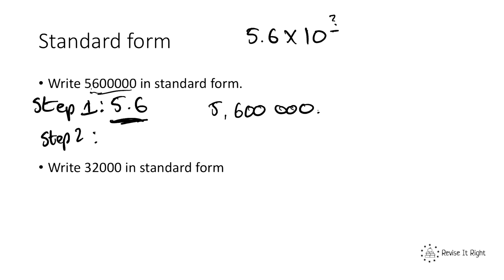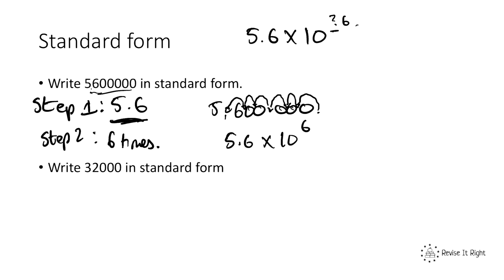Let's count: 1, 2, 3, 4, 5, and 6. So that decimal place has moved 6 times, which means this number here is going to be 6. So we can write 5.6 million in standard form as 5.6 times 10 to the power of 6. And that is your answer.